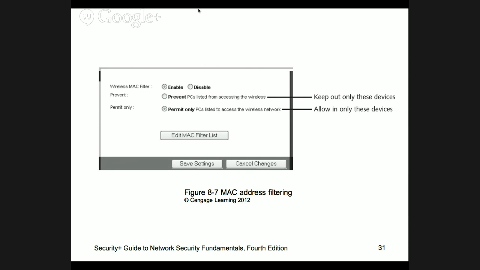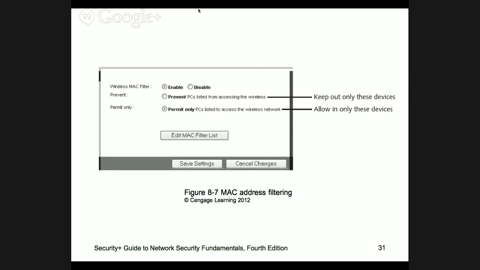So in this example, you can enable or disable MAC address filtering, and you can prevent a list of PCs from ever accessing your wireless network again. Or you can permit only a certain list. So you can do a white list with permit only, or a black list with prevent.